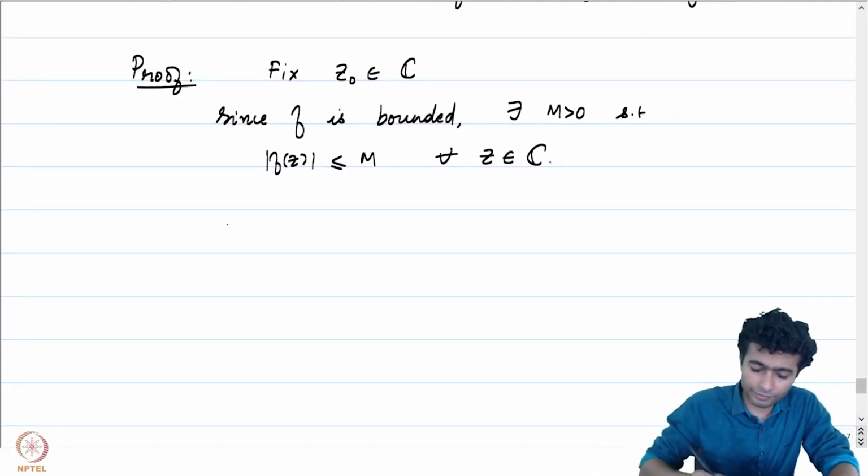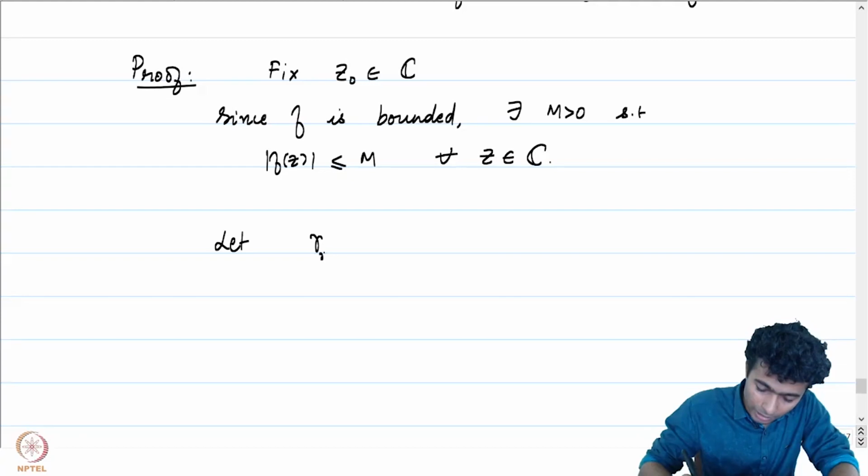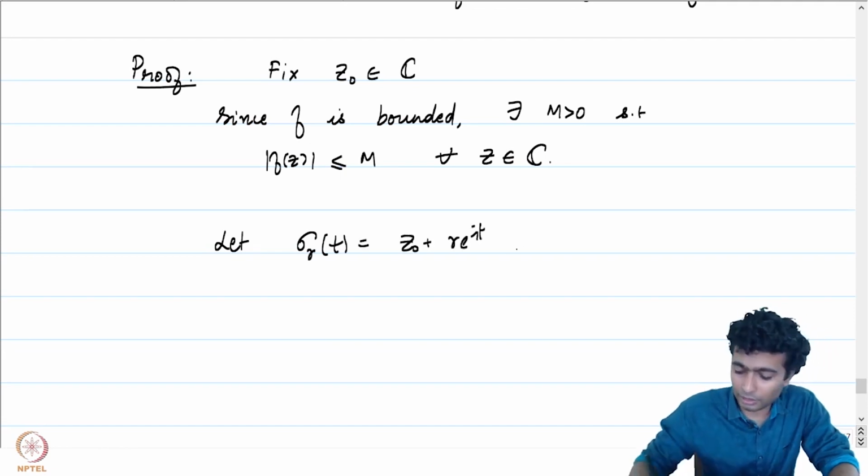So, in particular, consider sigma r of t equal to z0 plus r e to the power it, for t in 0 to 2 pi.